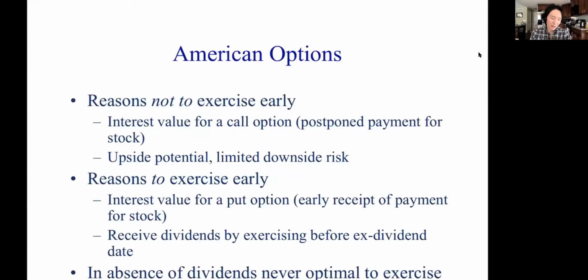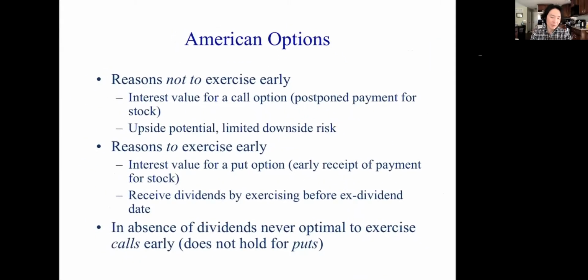Why is that the case? Now, there are reasons to exercise early and also reasons not to exercise early. Let's take a look at the reasons not to exercise early. Okay, so if you think of the option value, option value has two components, right?